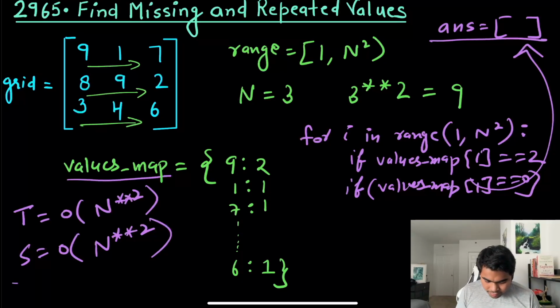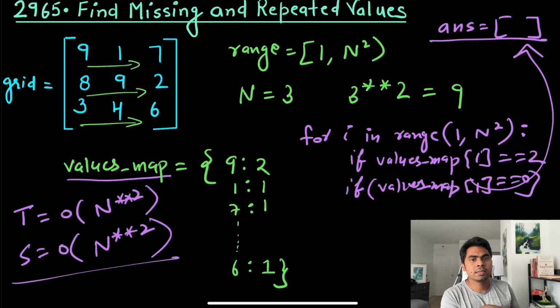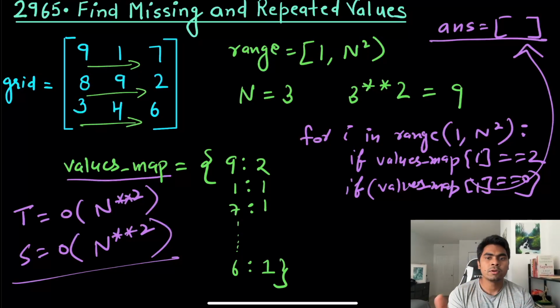Now, can you do better with this space? Yes, you can. There is an algebraic solution for that, but I'm not going to get into that because it's a little complicated, and that's not something I guess most interviewers are looking for, although there is a solution, and you can go through it.